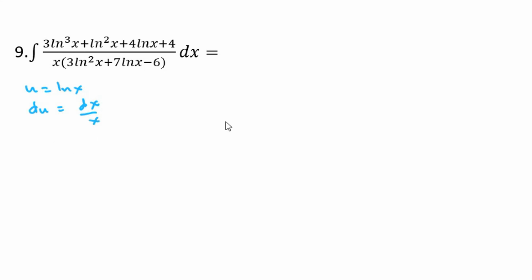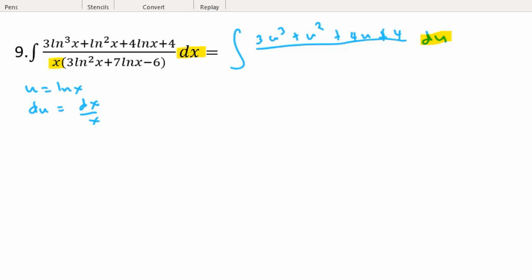So rewriting the given now, I can write as we have 3u cubed plus u squared plus 4u plus 4 all over, we have the dx over x, which is equivalent to our du. So the other terms now, we have 3u squared plus 7u minus 6.